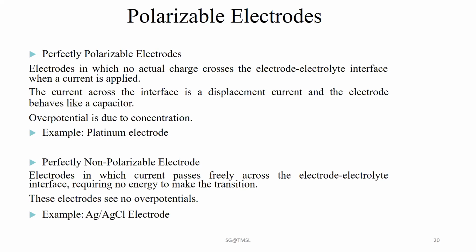The silver chloride electrode is basically used for recording purposes, because it is easier to transfer the signal from that portion to the measuring device, whereas the platinum electrode is used for stimulation purposes.